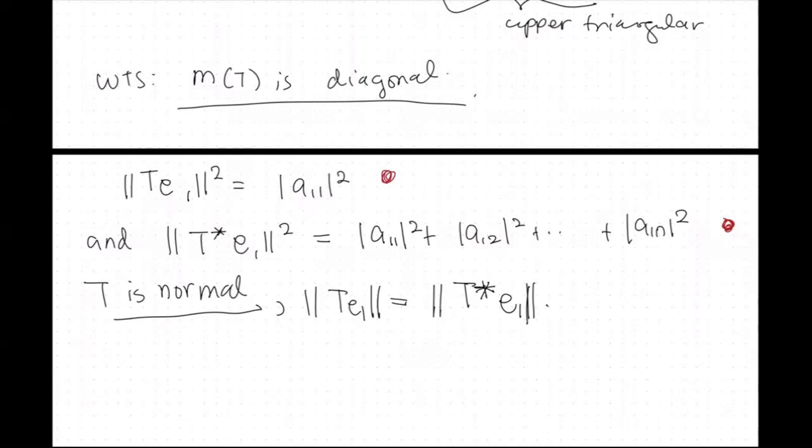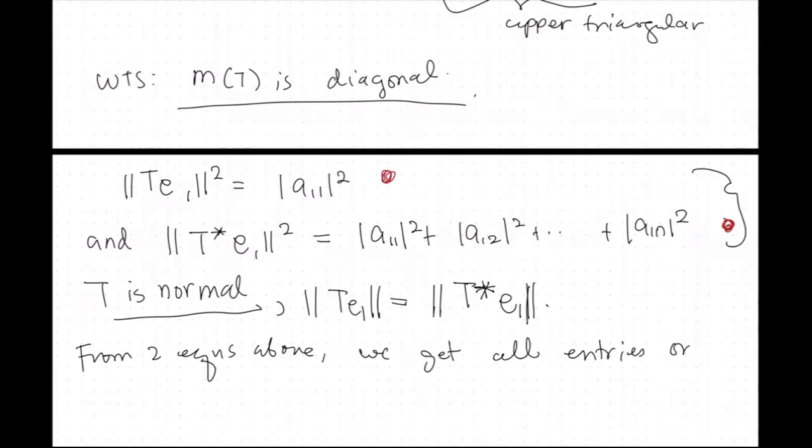This means that all entries on the first row are 0 except possibly a11. Of course, there's a possibility that a11 is non-zero.